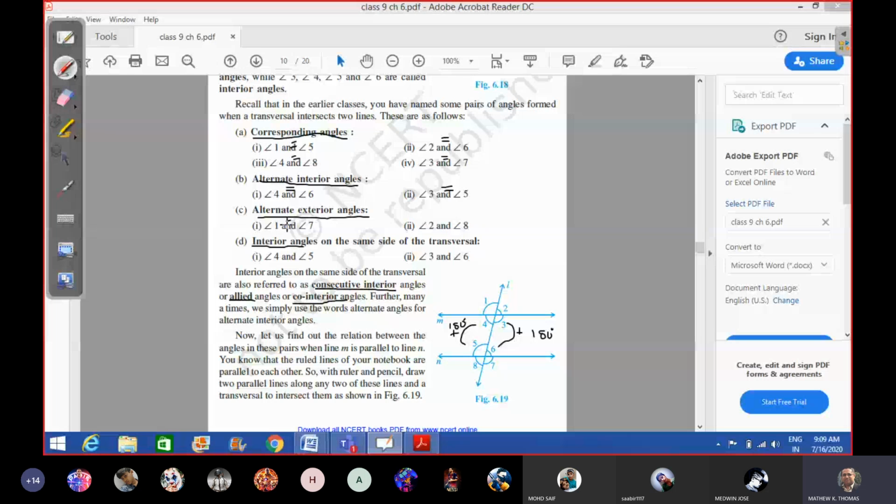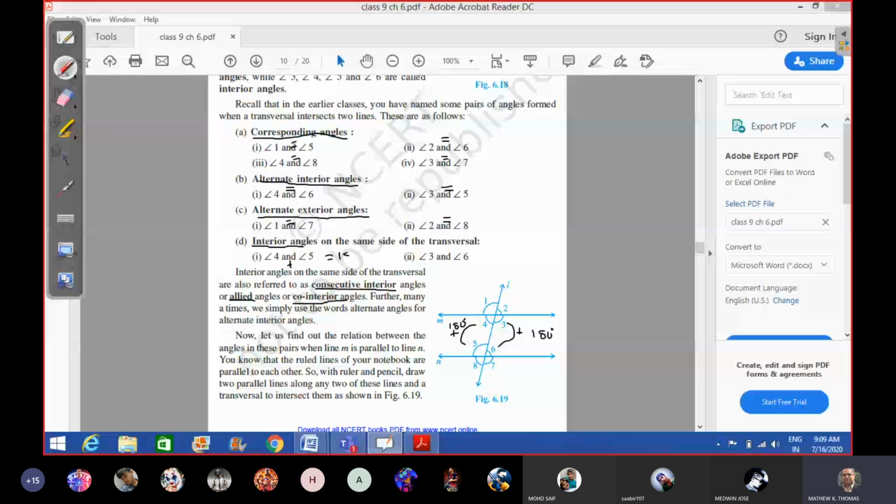These are not equal, but when you add 4 plus 5, co-interior angles, angles on the same side, their total will always be 180. In the same way, when you add 3 and 6, the co-interior angles, their total will also be 180. So this is very important.